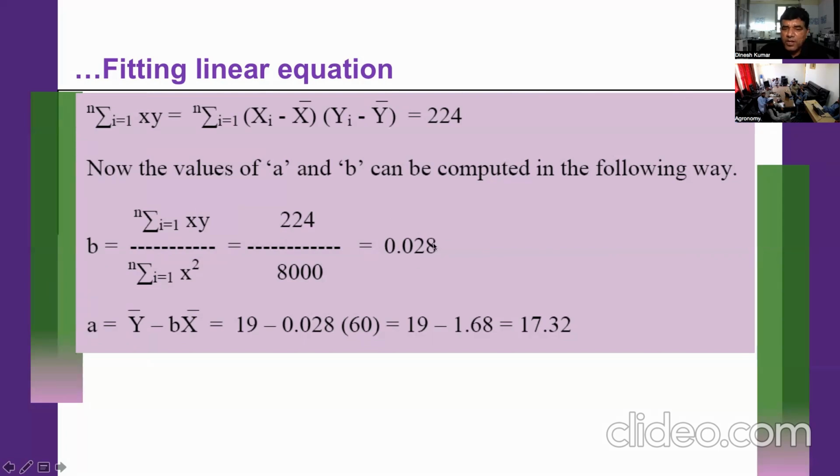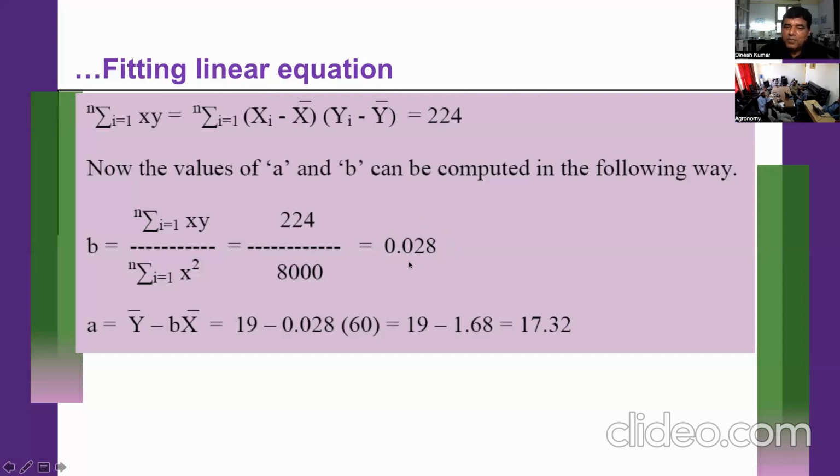This is also called slope. It means if you make 1 unit change in fertilizer, nitrogen, there is 0.028 unit change in y, yield. So this relationship we have developed.